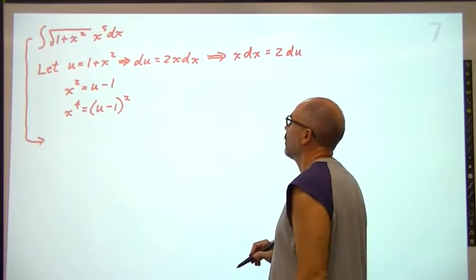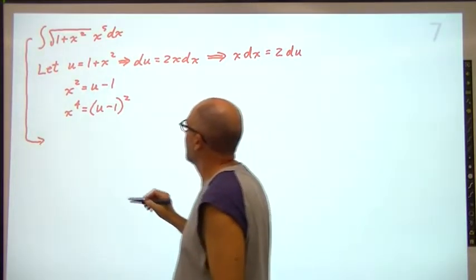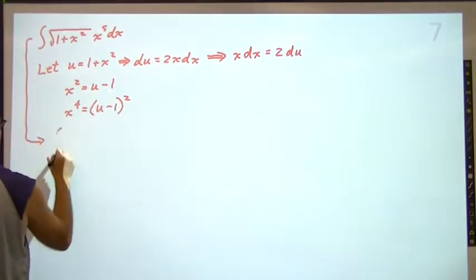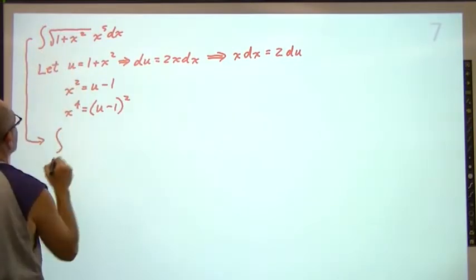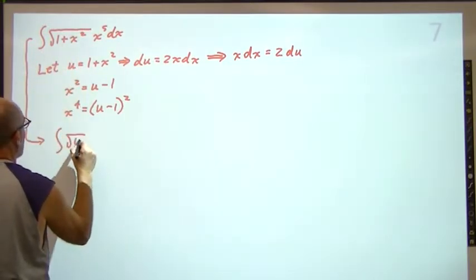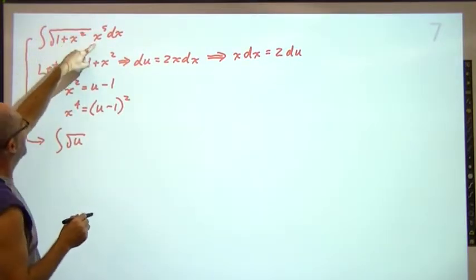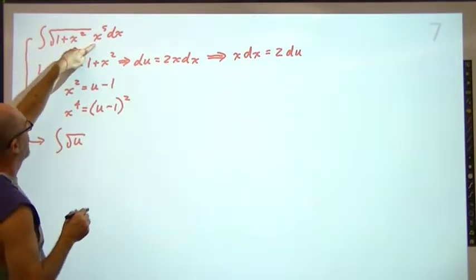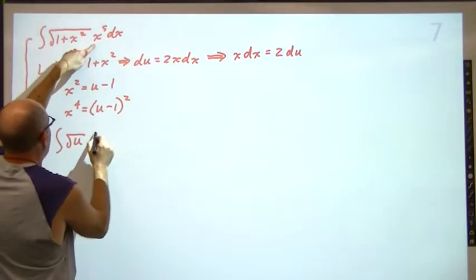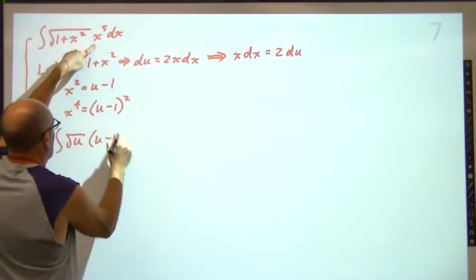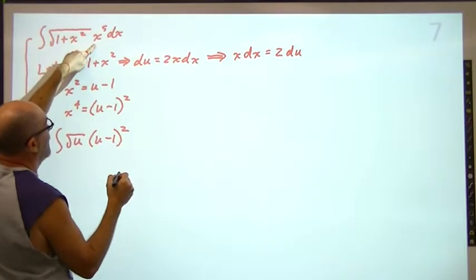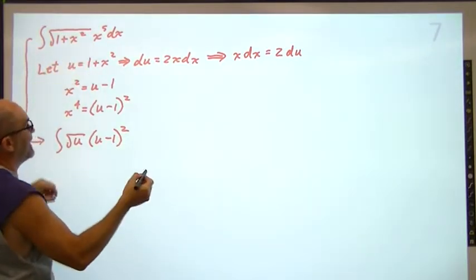All right, so what I have is the integral of the square root of u times x to the 5th, which is x to the 4th times x dx.